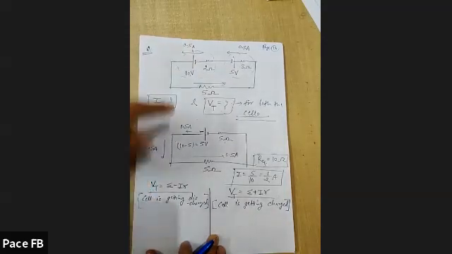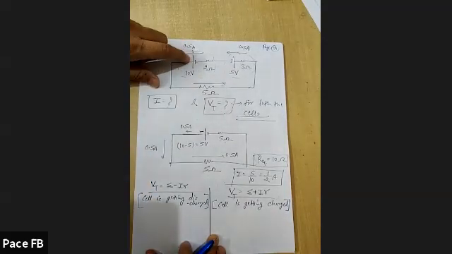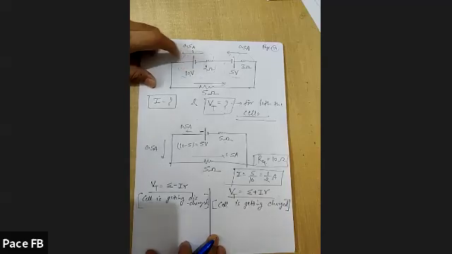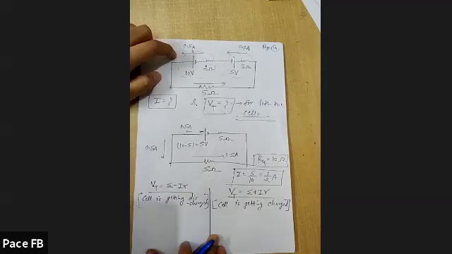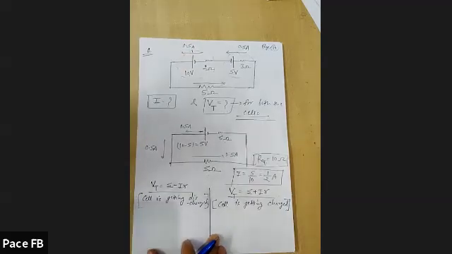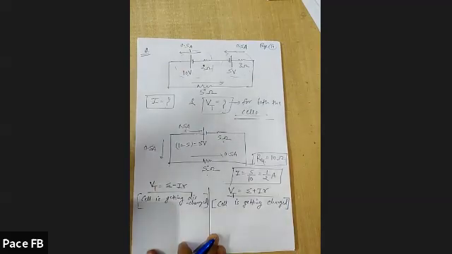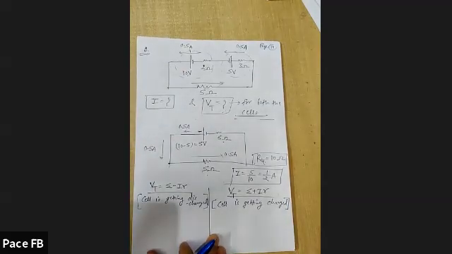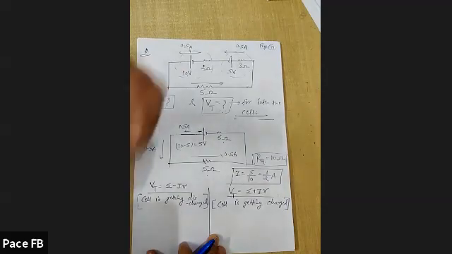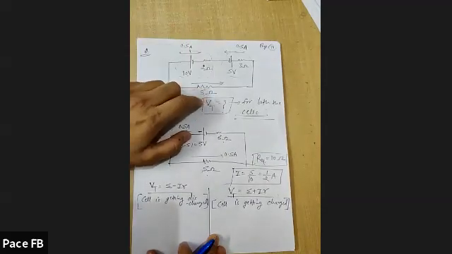Always remember one thing: whenever current leaves from the positive terminal, it means that particular cell is being used to deliver some power to some external device.